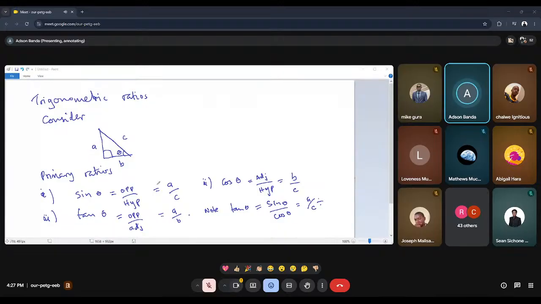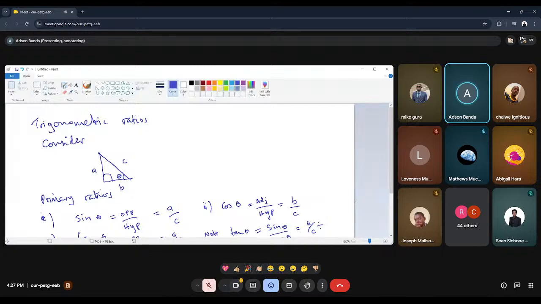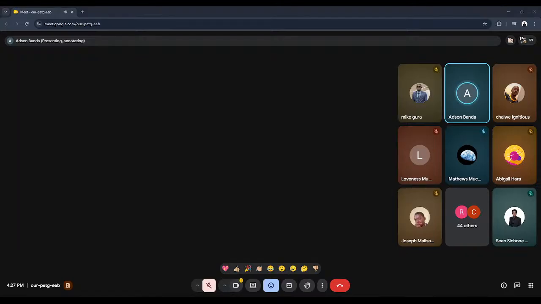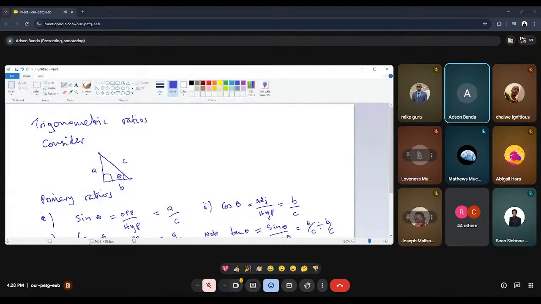And we found sine theta to be A over C, and the cosine is B over C. Right, so in that case, what we have now is what we found to be A over B, because when you do the mathematics there, C cancels and you remain with A over B.